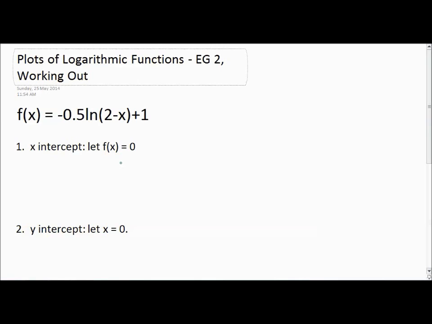Now let's have a look at our second example. f(x) equals -0.5 ln(2 minus x) plus 1. We left this to last in the previous example, but we can get an idea of the broad shape of the graph anyway. Notice the coefficient of the log function is negative, it's -0.5, and the x within the argument is also negative.